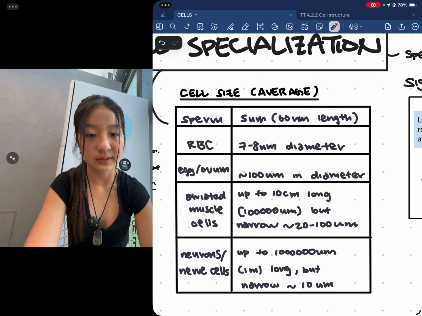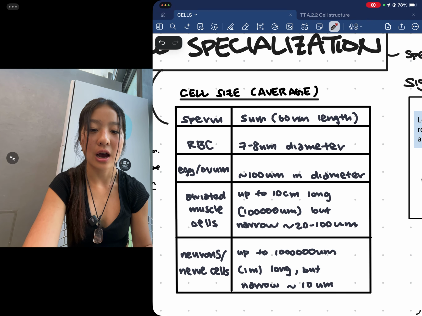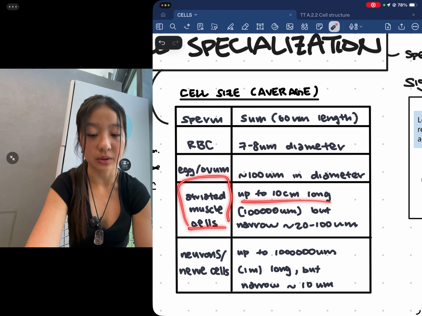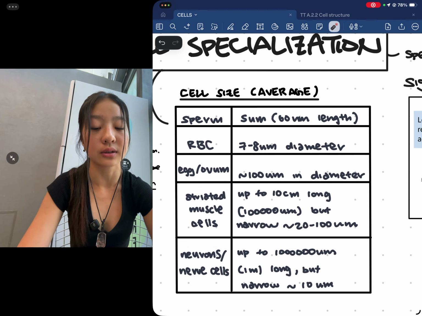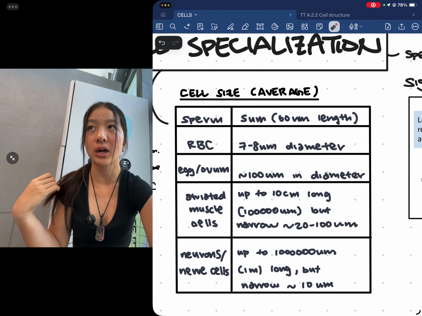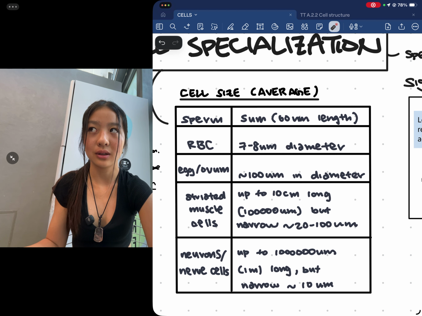So the average cell size of these adaptive cells, the longest one we obviously have is the striated muscle cells that we've just spoken about, but there's also neurons and nerve cells that can be up to 1 meter long and stretch down the entirety of your spinal cord, because they need to reach and send neural signals to all parts of your body.